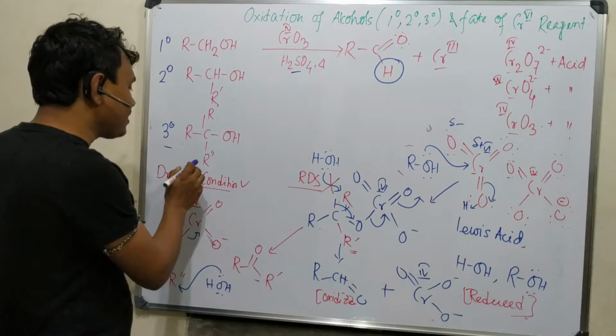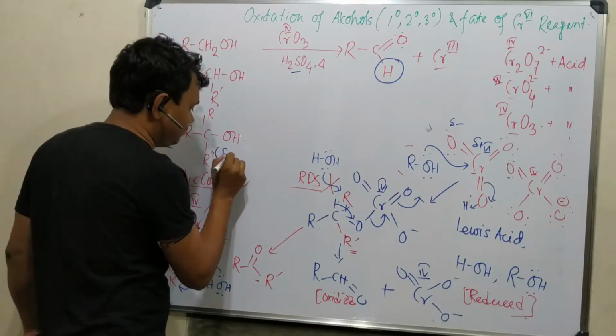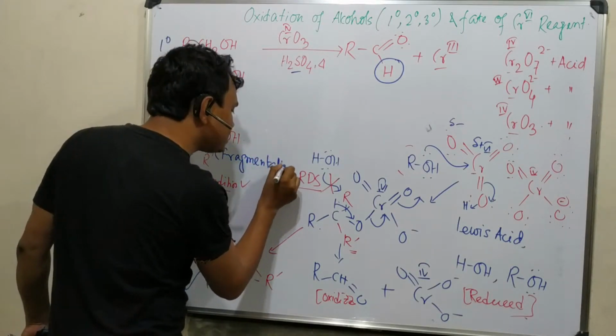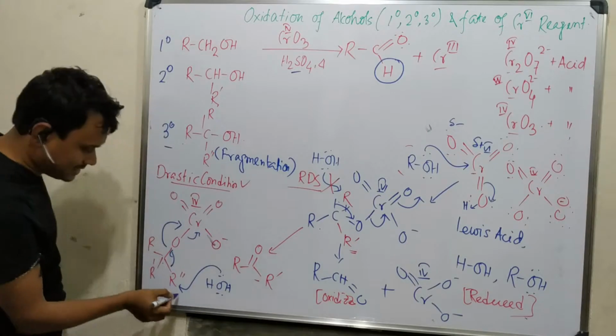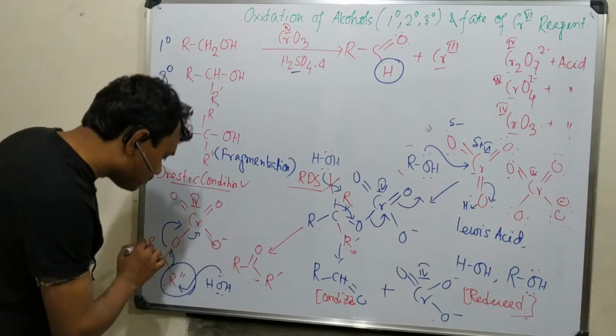But when it undergoes oxidation under drastic condition, fragmentation occurs. What do I mean by fragmentation? It means this compound is broken. For example, after this reaction, any one of the R groups could be broken.